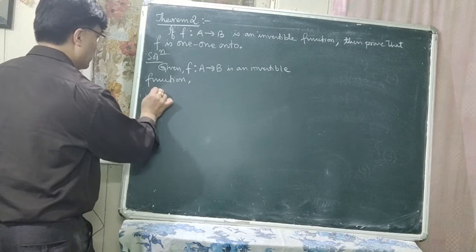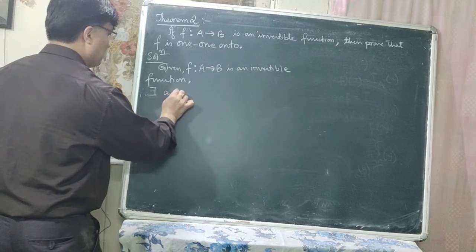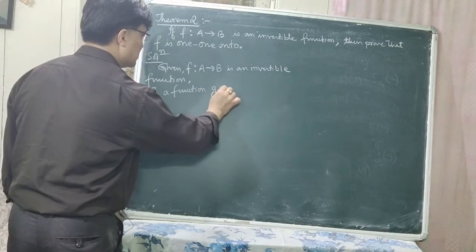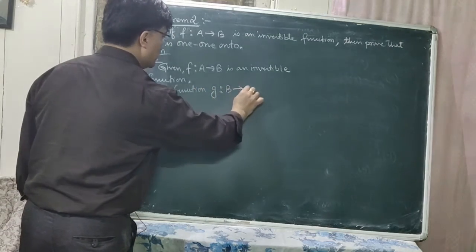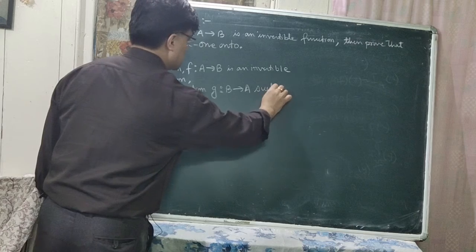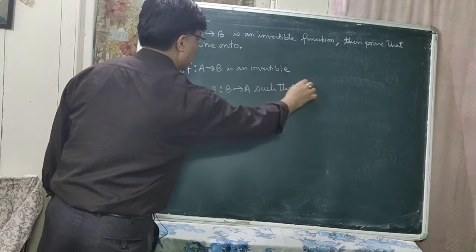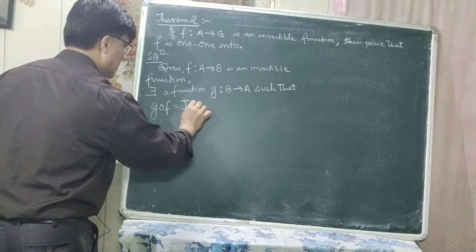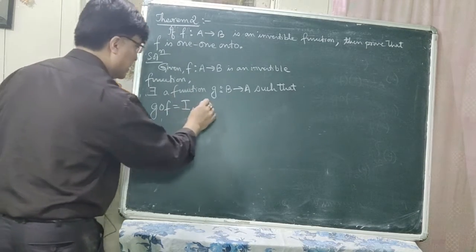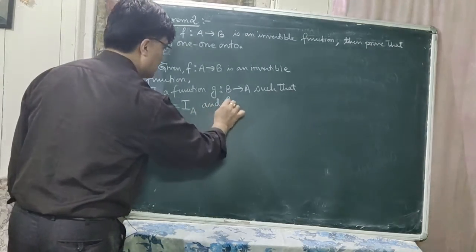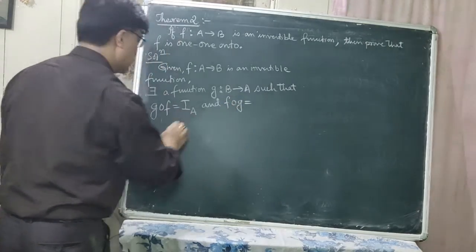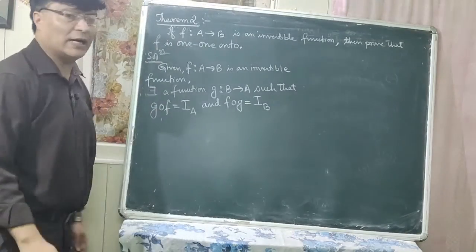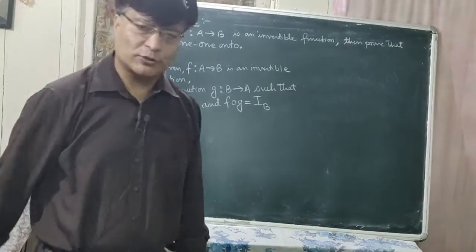So therefore there exists a function g such that b to a such that GOF is equal to IA or IX, you may write IX, and fog is equal to IB. So I think you have understood it.